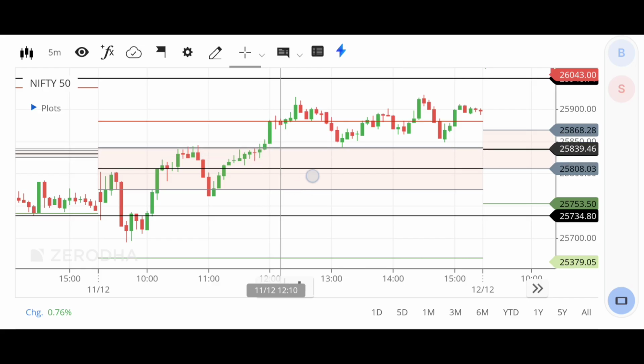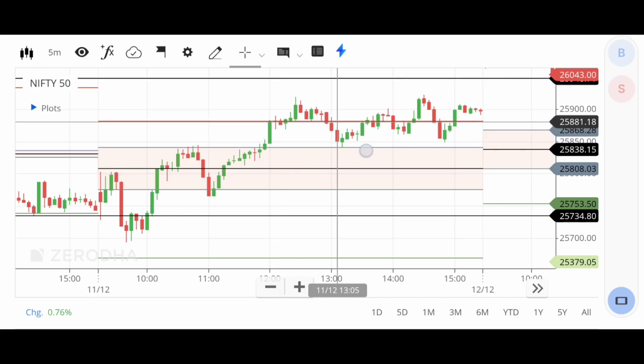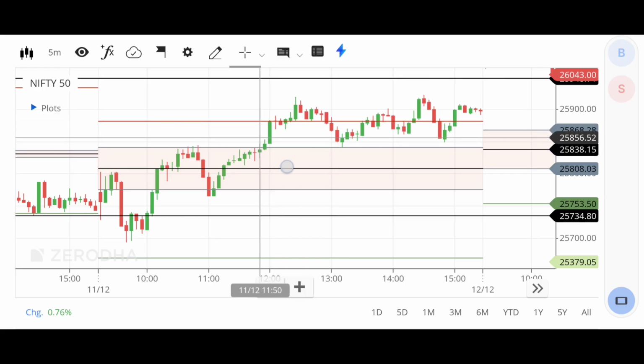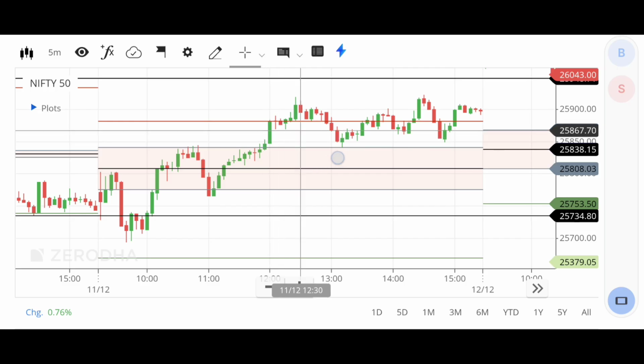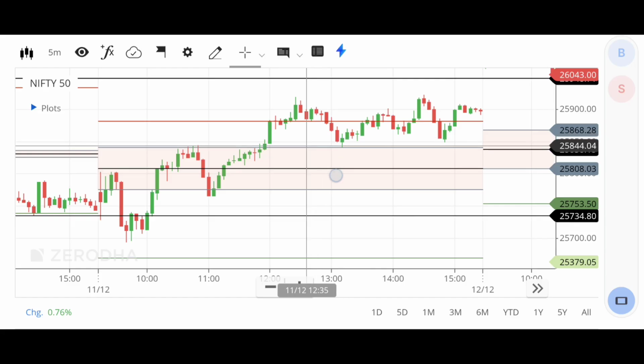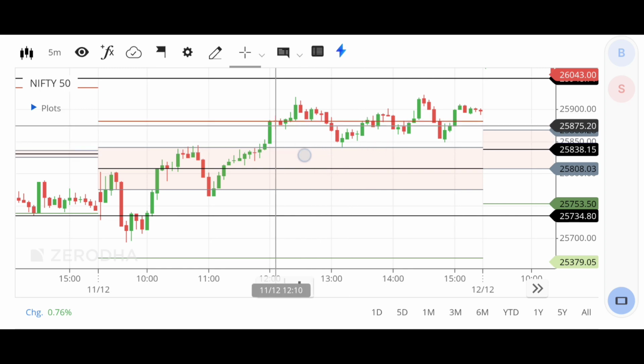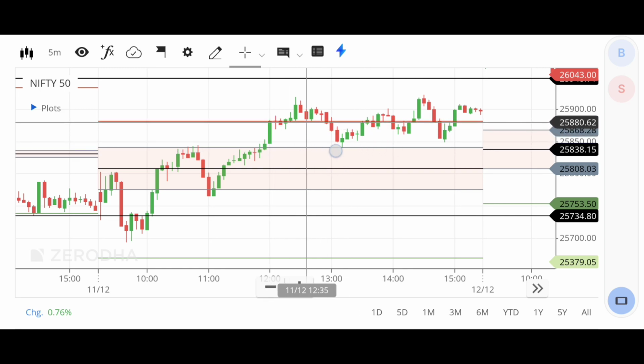This is a good trade because you can enter here and take your profit here. This broken candle's low is very low. So you can set the target as R1 and put the stop loss below this broken candle's low. Within the single candle itself it reaches R1, so it's a good trade only.